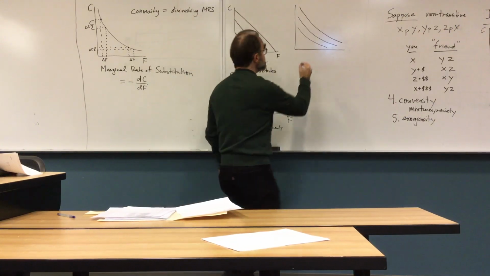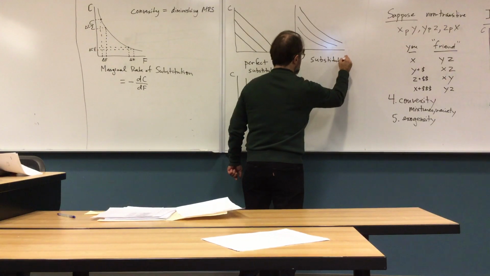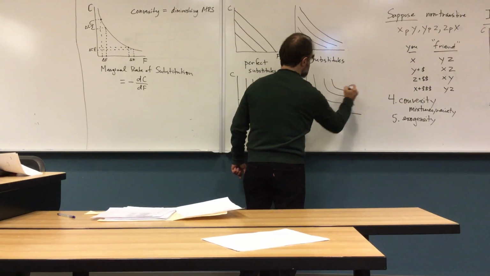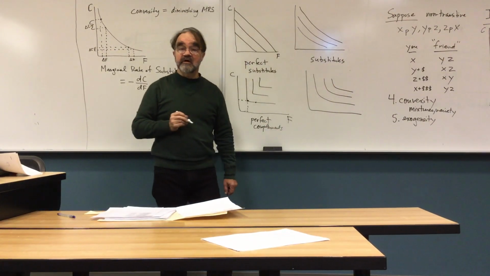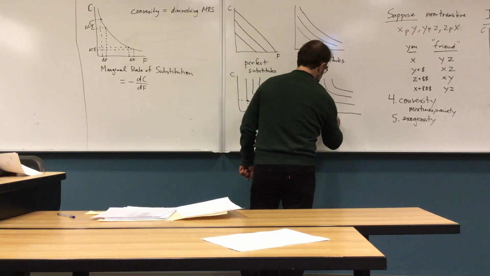More realistically, we have goods which have relatively straight indifference curves. These are goods that are substitutes. And we have goods with relatively curved indifference curves.